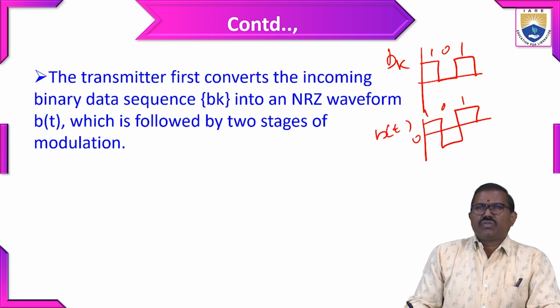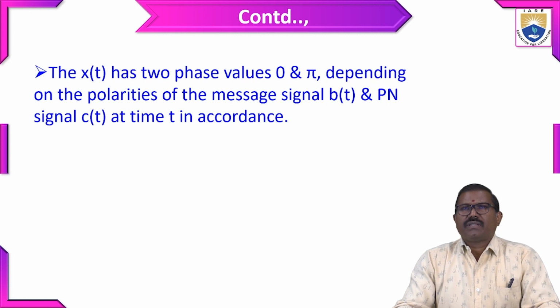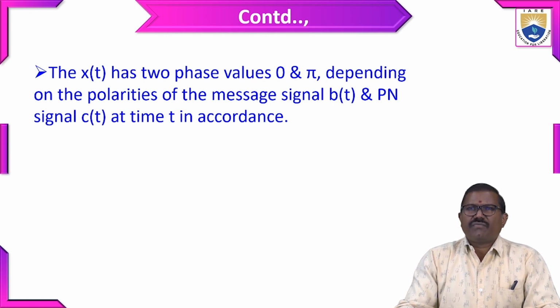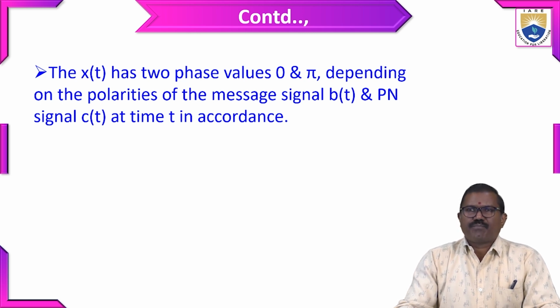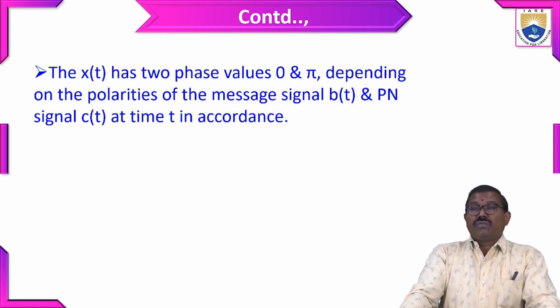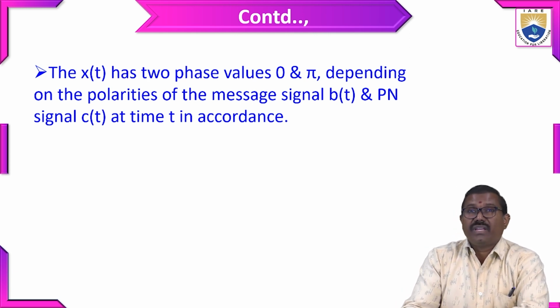After this we follow two stages of modulation. The first one is x(t), which has two phase values, 0 and pi, depending on the polarity of the message signal b(t). Why? Because here I am using PSK, phase shift keying.